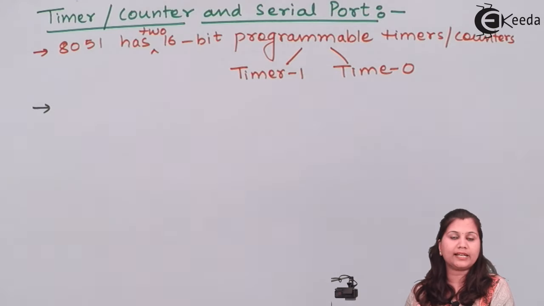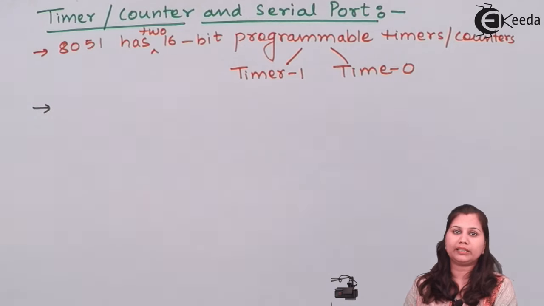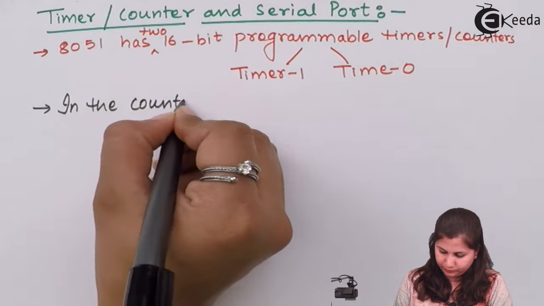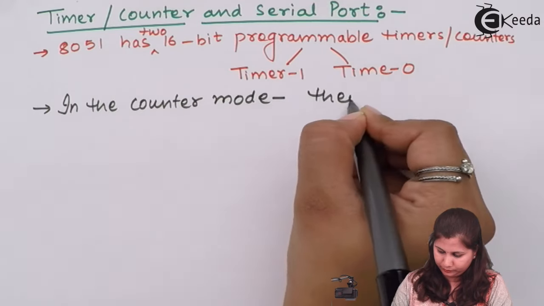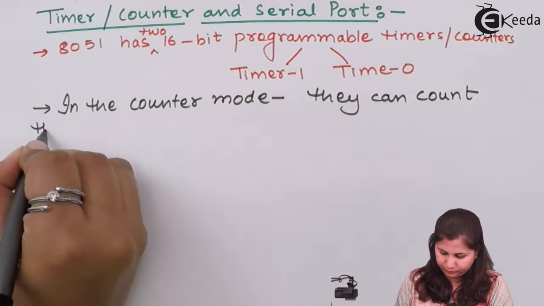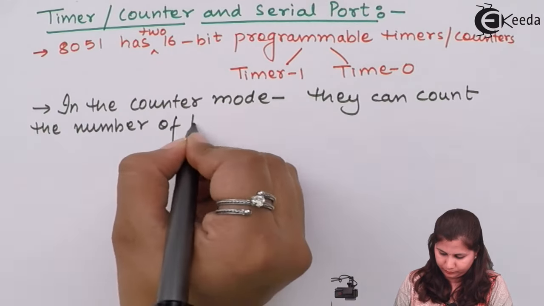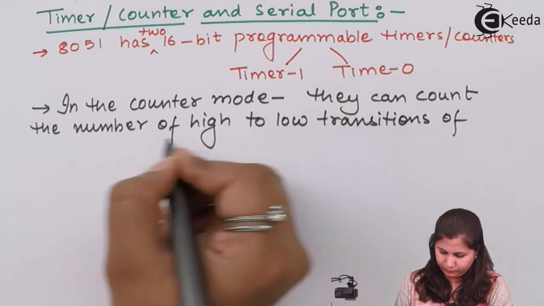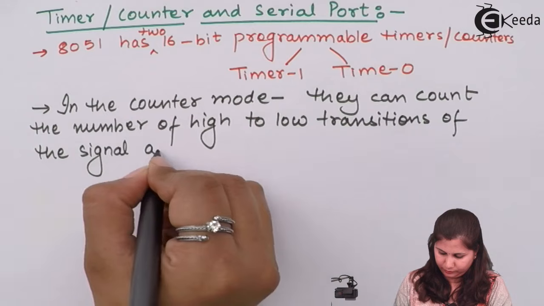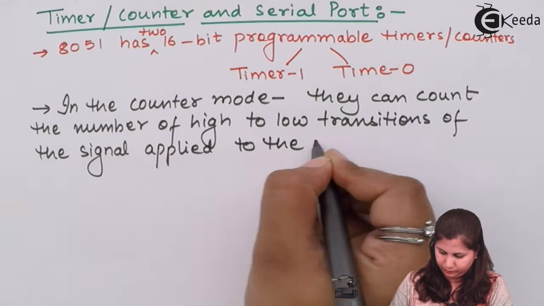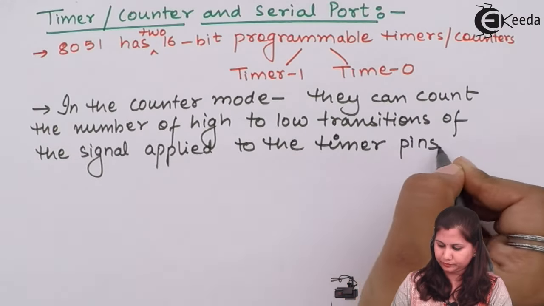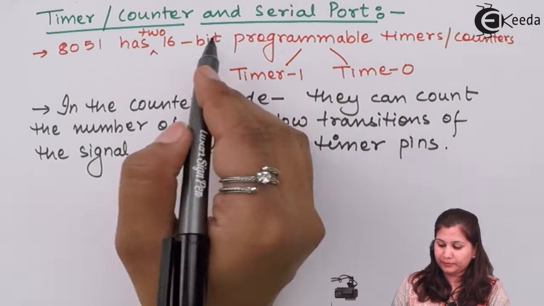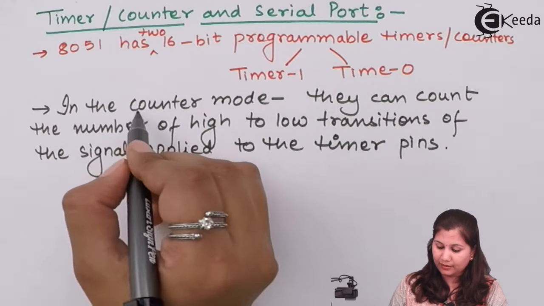So these counters are loaded with the count value and they can be incremented or decremented. This was the operation when these 16-bit registers are acting as the counter.